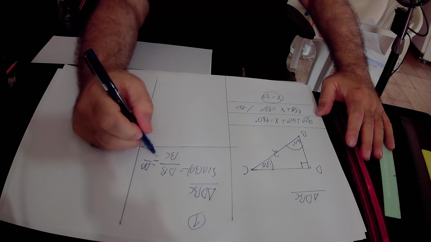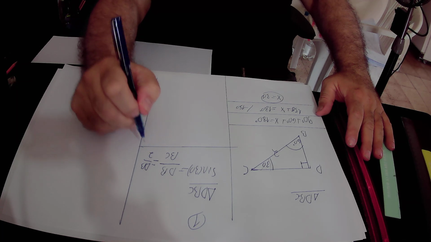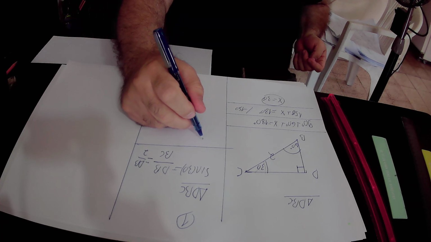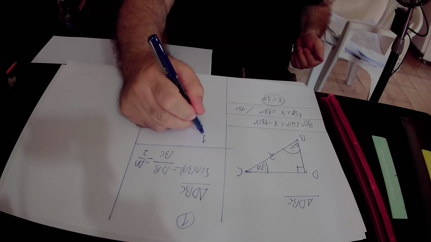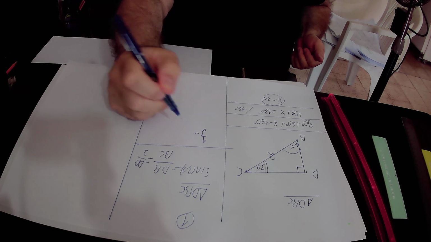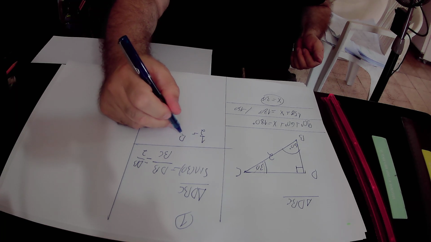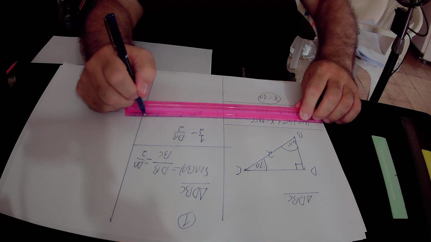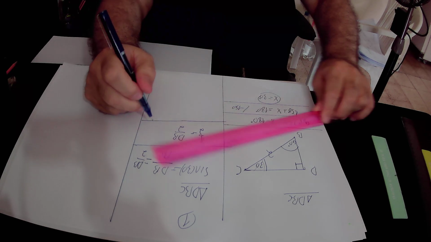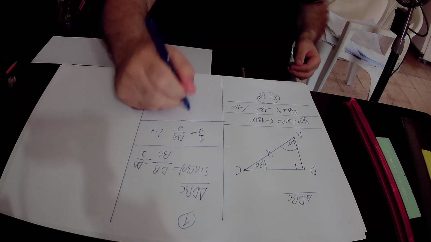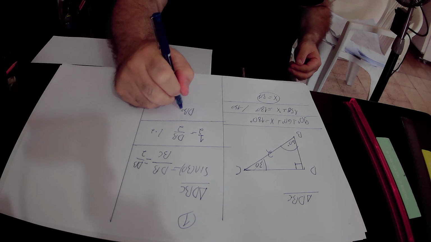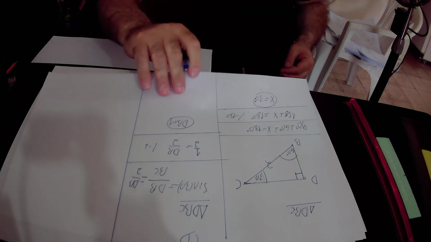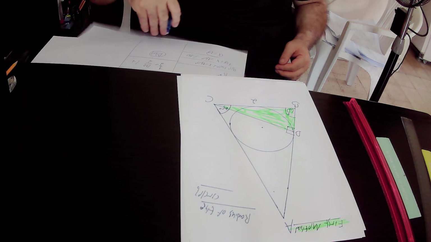BC is equal to 2 units, so we substitute BC by 2, and we get that sine 30 degrees is 1/2. So 1/2 equals DB over 2. Here we will multiply this equation by 2 and we'll get that DB equals 1 unit.